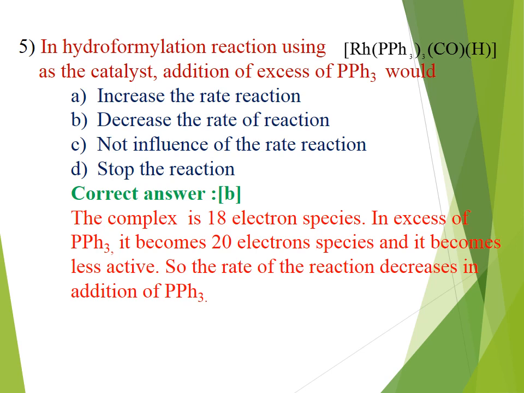Here the correct answer is B. Decrease the rate of the reaction. The complex is an 18 electron species. Now it is stable. In excess of PPh3, it becomes a 20 electron species and it becomes less reactive. So the rate of the reaction decreases on addition of PPh3.